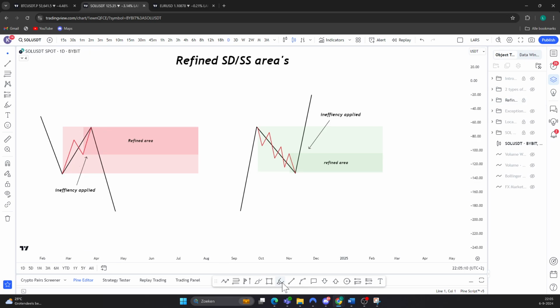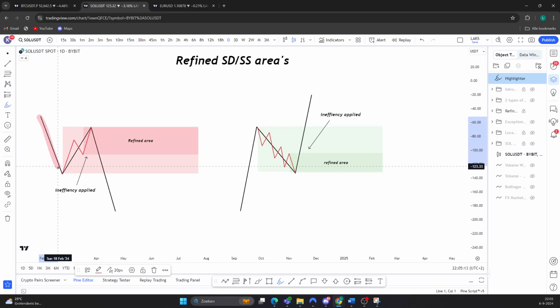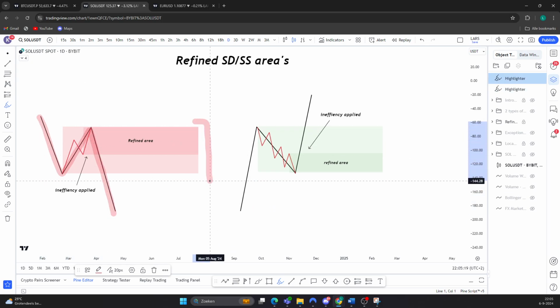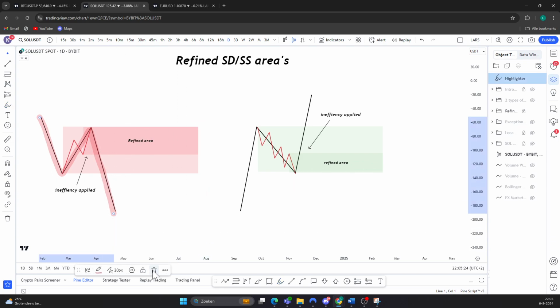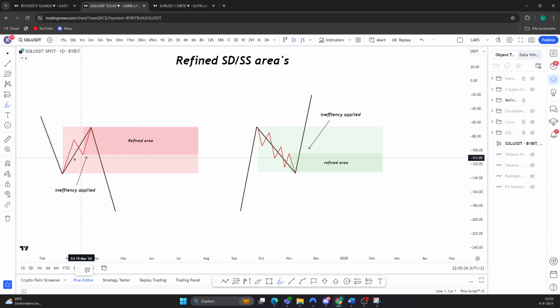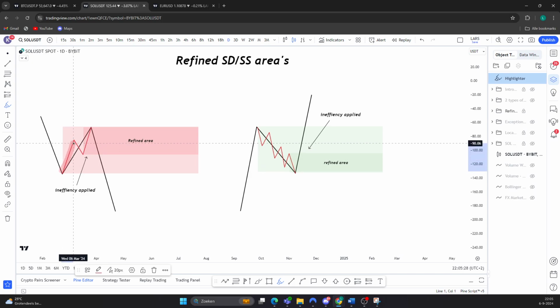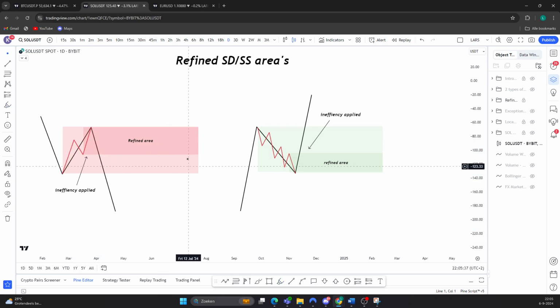Okay, so following our black market structure drawing that has a low, lower high, and a lower low, this entire thing is range supply because we have an inefficiency while leaving the supply zone, okay? And if we follow our red structure, we could have a high, higher low, higher high, and then a break. And then this entire pull up before moving down can also be your structure supply. But it will just be a more refined area, okay? Just more refined.